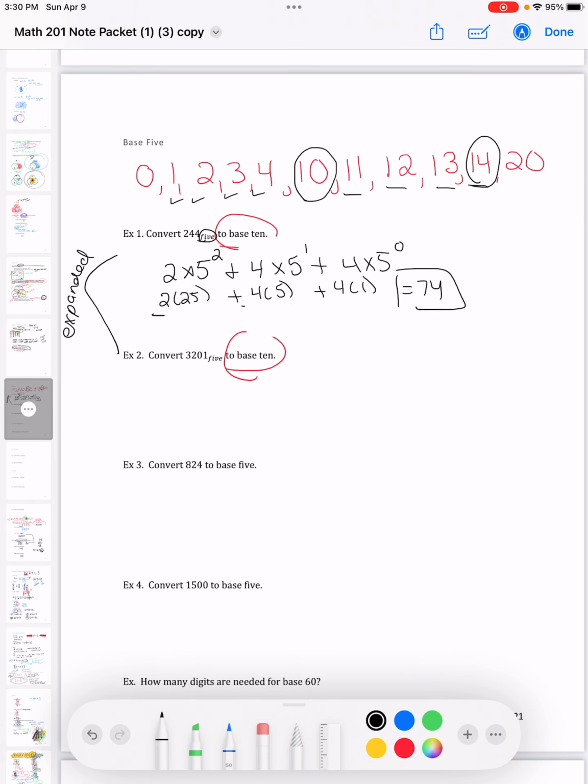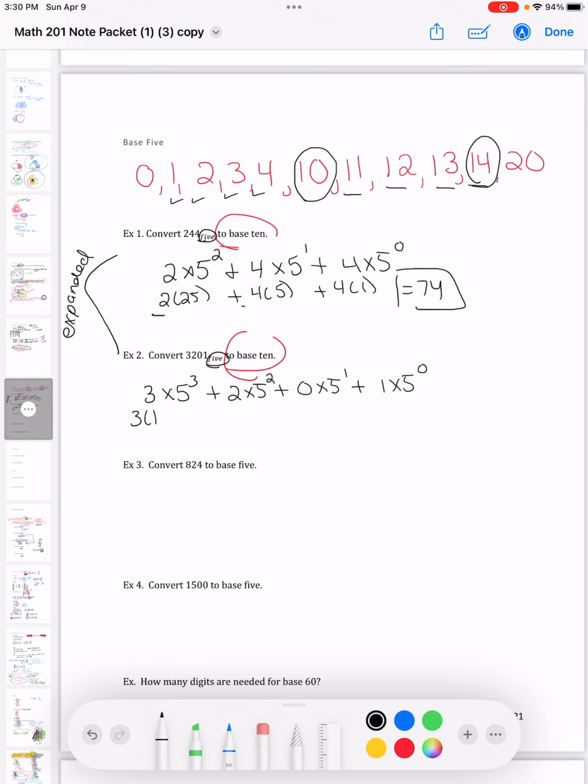I've got another one for us to practice down here below. Again, I'm in base 5, so I'm going to put a 5 for all the bases of my exponent. If you don't want to put the 0 there because you know it's not going to affect the problem, that's fine. Just make sure when you do your exponents, 0, 1, 2, 3. Don't forget that 0 and that one that skips.